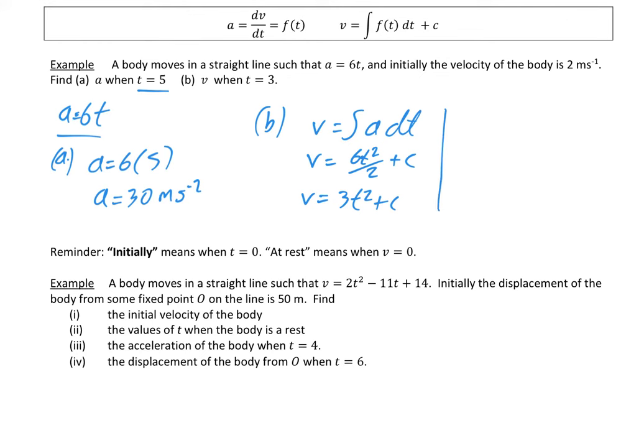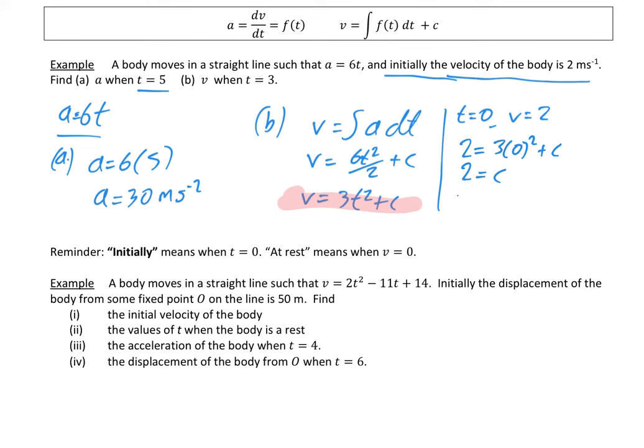Now we're going to come back to this wee bit of information that says initially the velocity of the body is 2. That tells you when t = 0, initially, v = 2. So we're going to sub that into this equation. So 2 = 3 × 0² + c. Anything times 0 is just 0, so that gives you 2 = c.